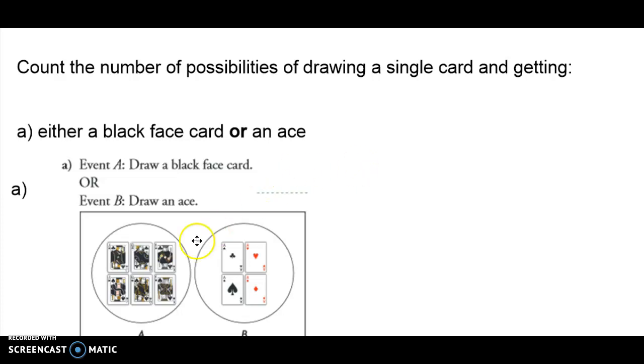Our black face cards represent the Jack, Queen, and King of both suits, clubs and spades, so there are 6 items in total. The aces are the ones of each suit, and there are 4 of them. As we can see from the picture, there is no overlap. They are distinct sets.